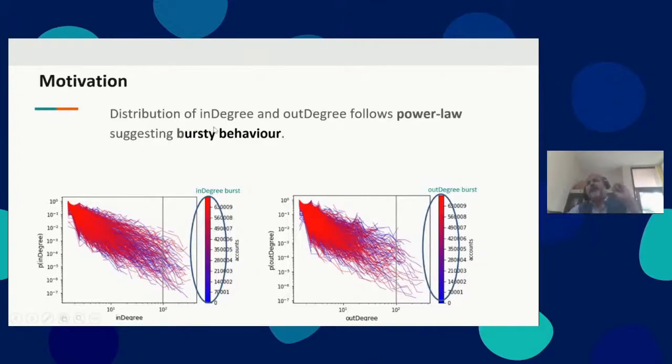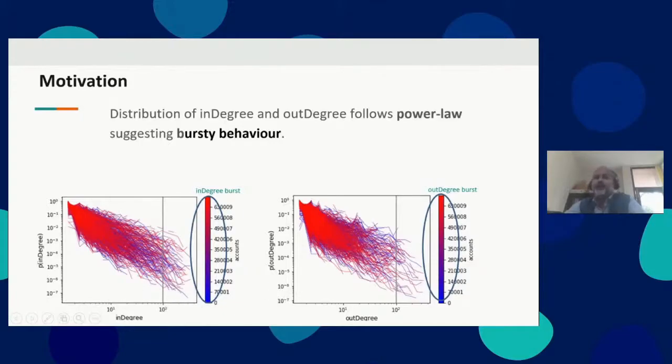In-degree means how many other accounts have given money to this account, and out-degree means how many different accounts this account has sent money to. And we found that in most cases, the low numbers have very high probability, but there is a small but not insignificant amount of activity by some accounts which do a lot of transactions.